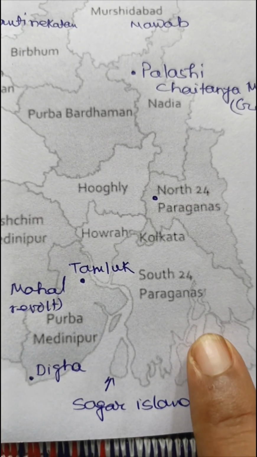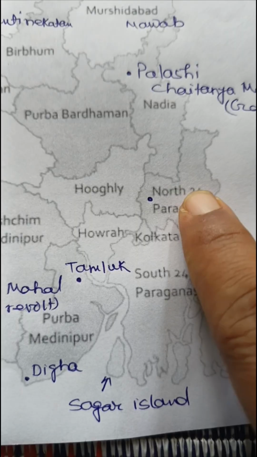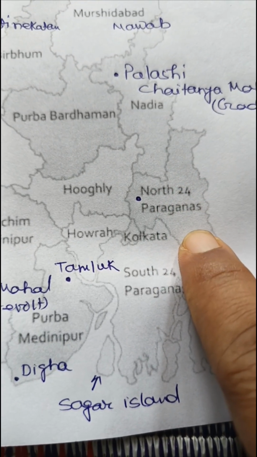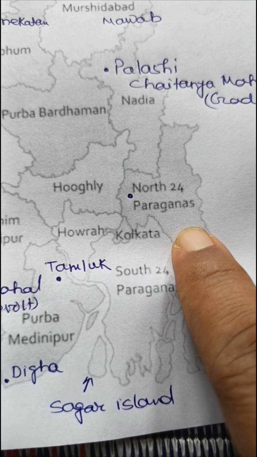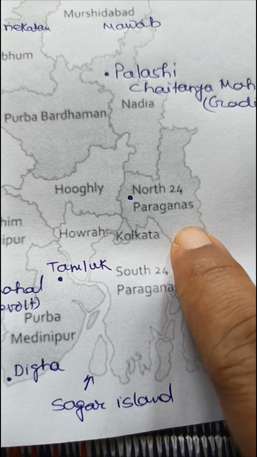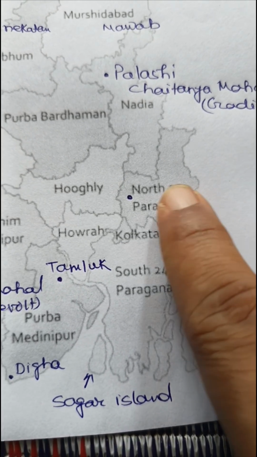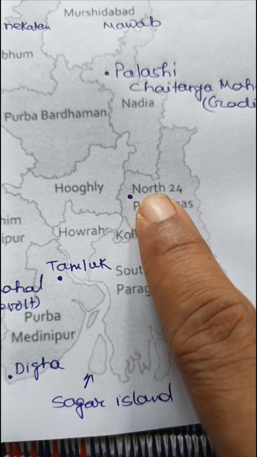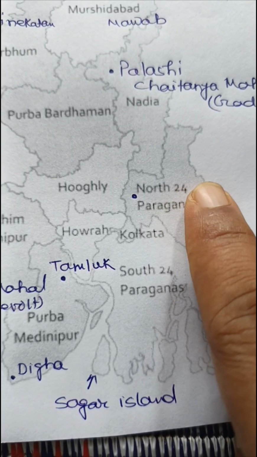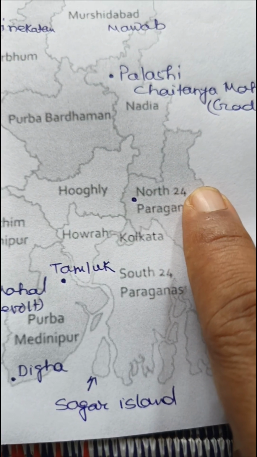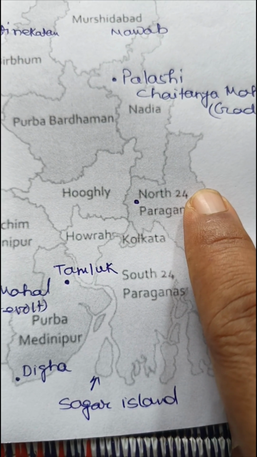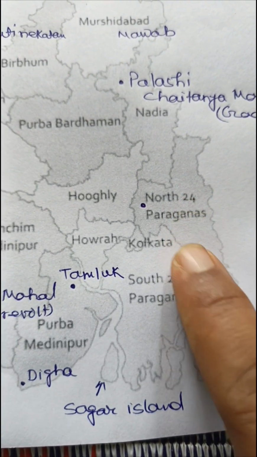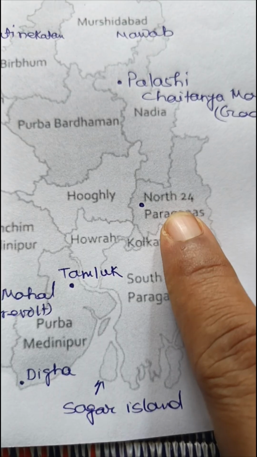From South 24 Parganas, let us now move to North 24 Parganas. North 24 Parganas has a special role as far as the revolt of 1857 is concerned, because in this place there is a cantonment known as Barakpur cantonment, and one of the first persons who revolted against the British during that first war of independence was Mangal Pandey.